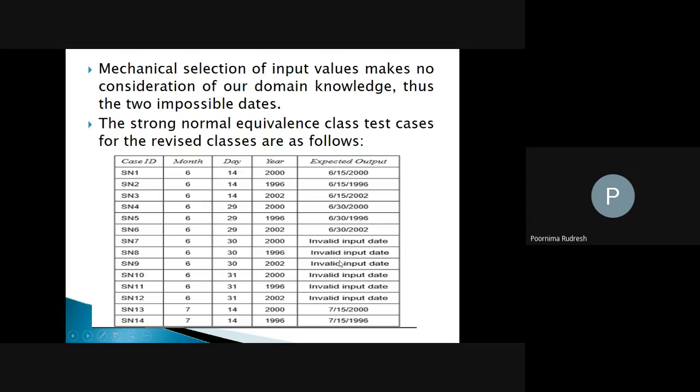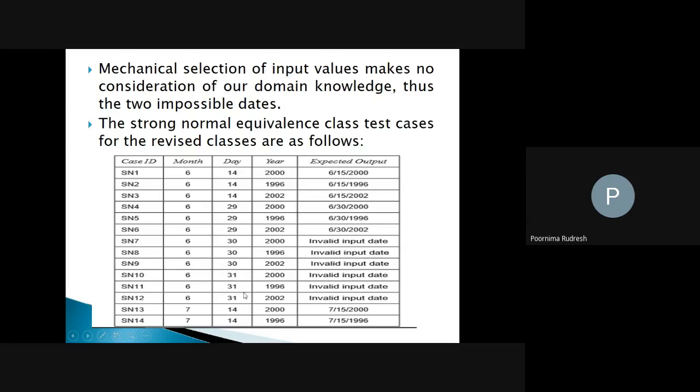But if we consider the day equal to 31 for June, June consists of only 30 days, so for these three input combinations it will display the error message as invalid input date. Why? Because June consists of only 30 days, not 31 days.